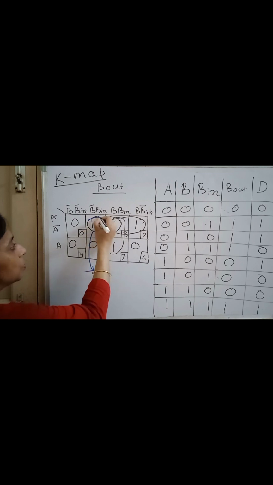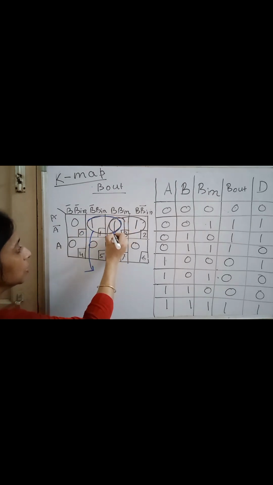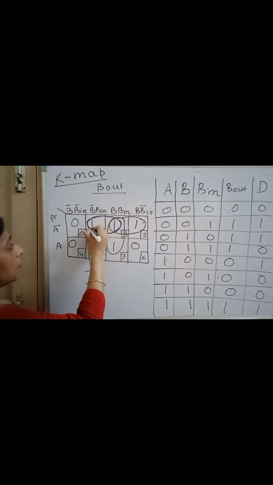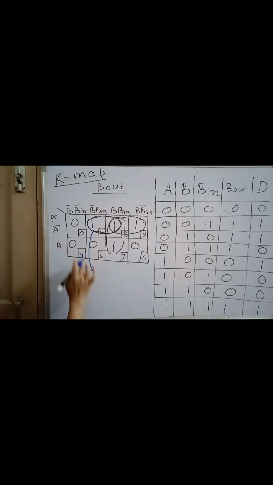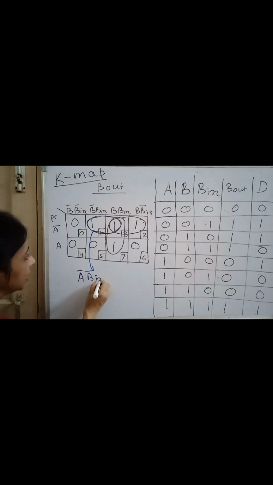See what is common for all the members of this group. For both the ones, A bar is common from row. And from column, for these 2 ones, what is common? B in. So, what will be the expression for this group? That will be A bar B in.